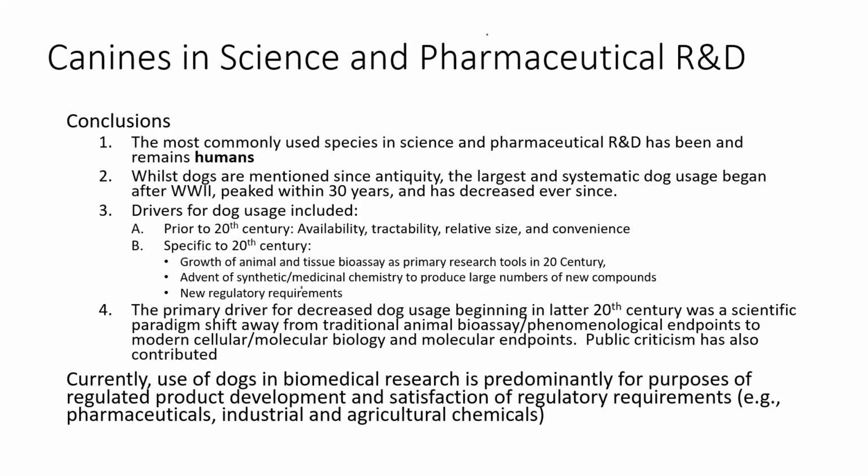And whilst dogs are mentioned since antiquity, the largest and most systemic dog usage began after World War II, peaked within 30 years, and has decreased ever since. The drivers for dog usage included and continue to include availability, tractability, relative size, and convenience.